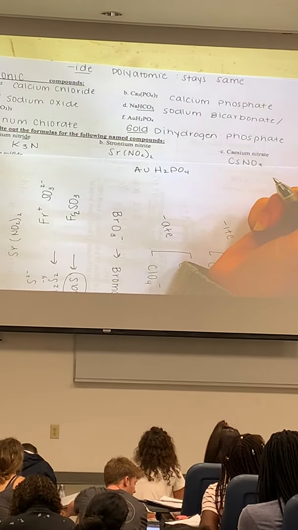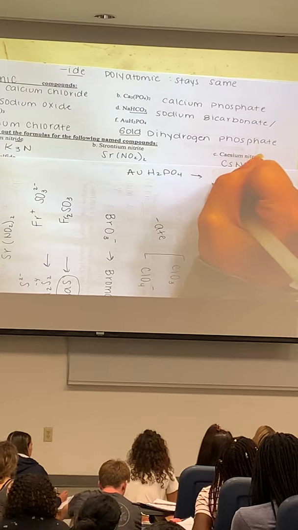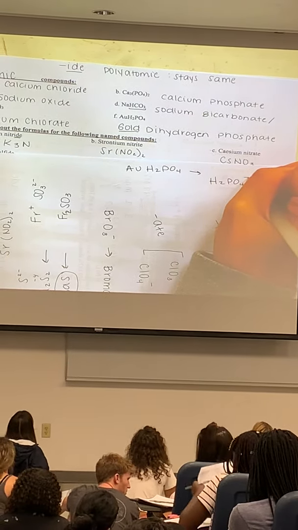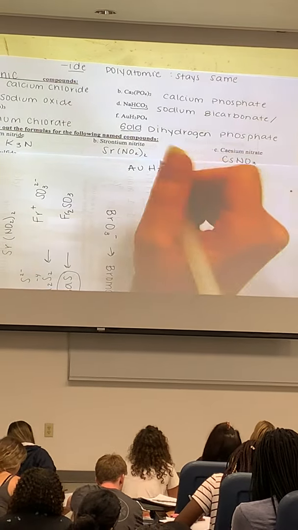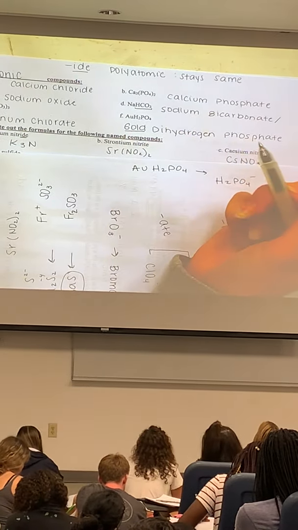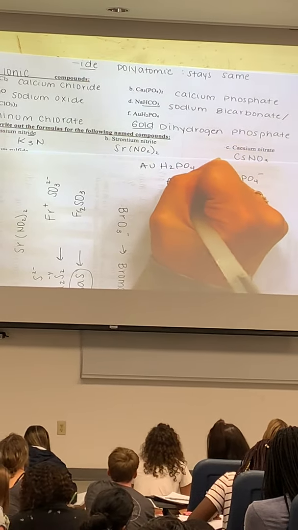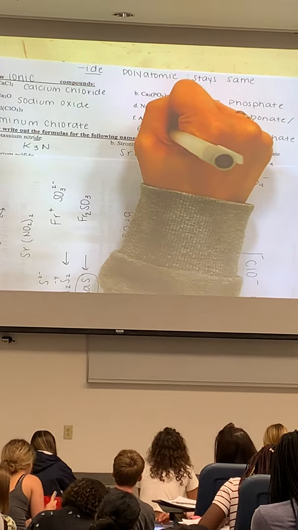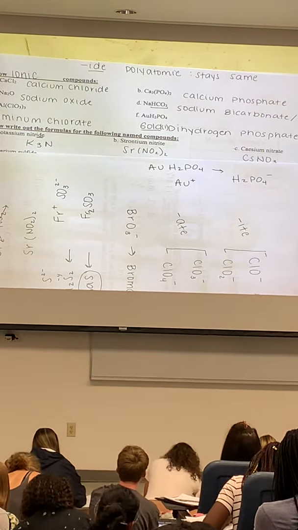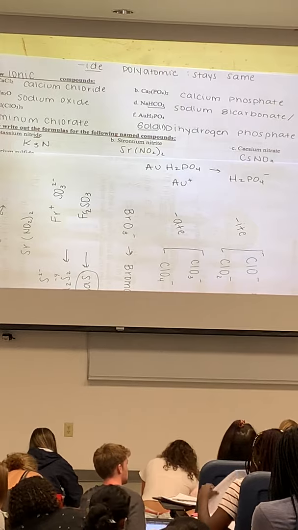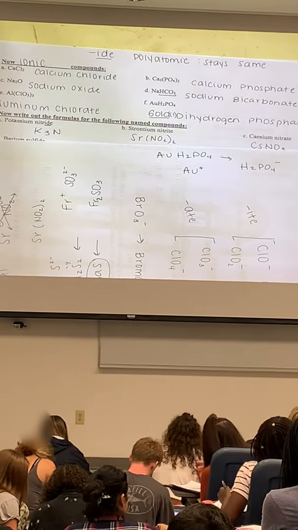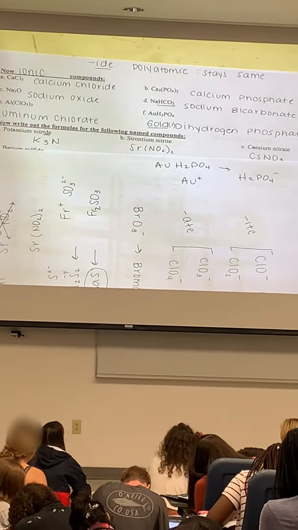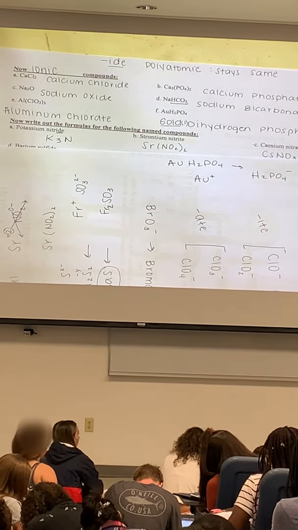If you write H2PO4 by itself, what do we have? H2PO4 with a charge of -1. Therefore, because there's no subscripts here or here, gold has to have a charge of +1. So this is actually gold(I) dihydrogen phosphate. I'm sorry, I did not catch that quicker. Transition metals, even though we can easily go to the name, we also have to add that Roman numeral there.